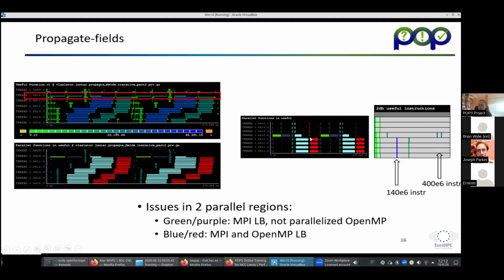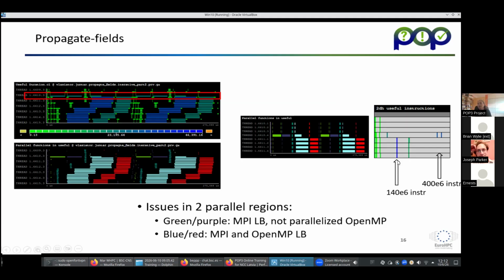This process has much more work than this one. But there's also load imbalance at the OpenMP level, because in this process, all the threads are working the same, but for the top process, only one of the threads is working, while the others don't have work to do.